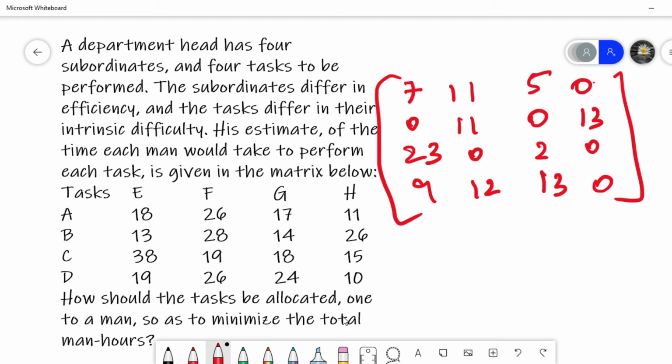For that we are going to do the row scanning. In row scanning, starting from the first row, we ask the following question: is there exactly one zero in that row? If yes, mark a square around that 0. Otherwise, ignore that row.